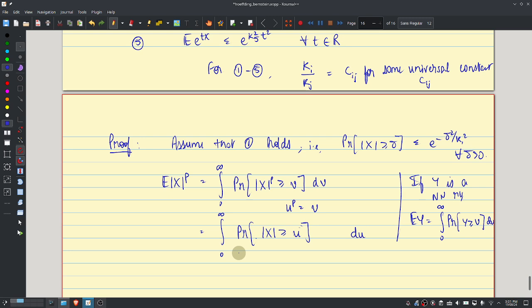Fine, all of this is for p greater than or equal to 1. I'm fixing p before.